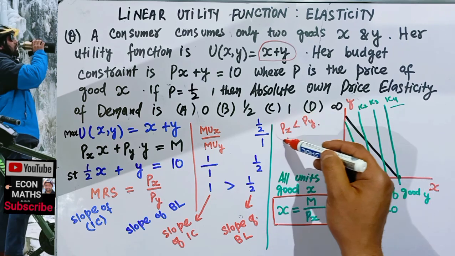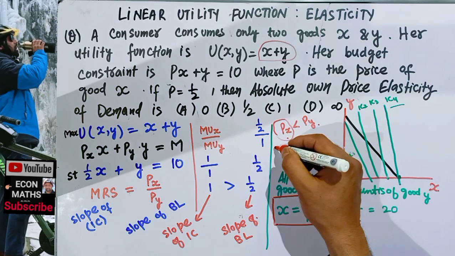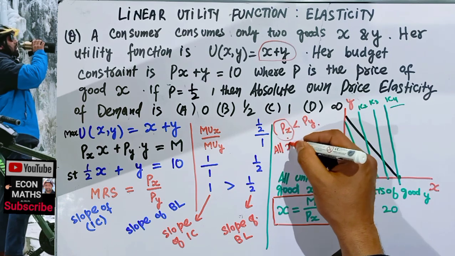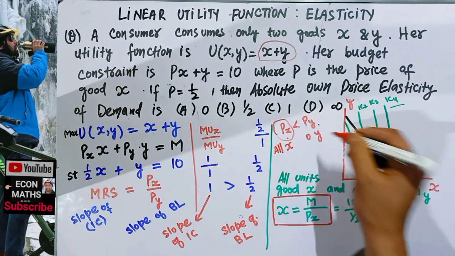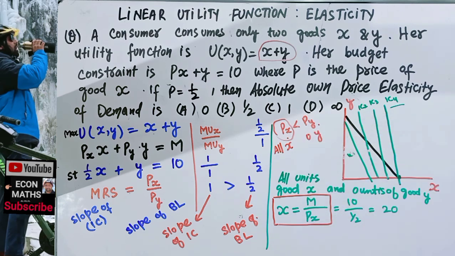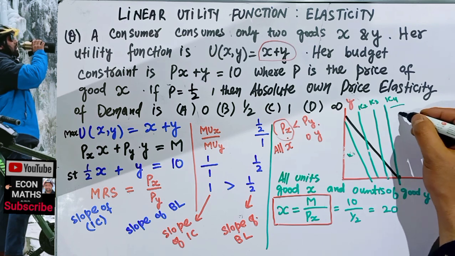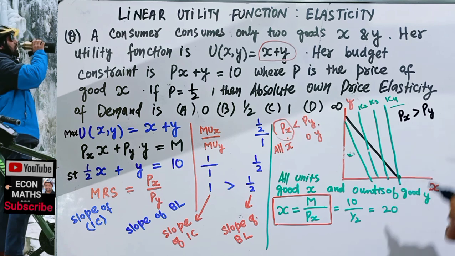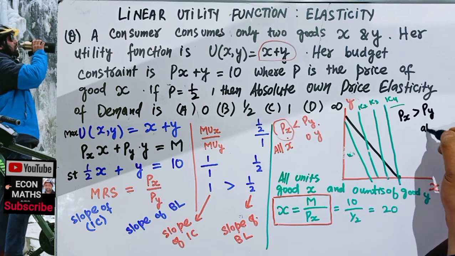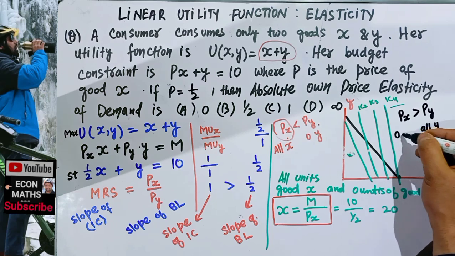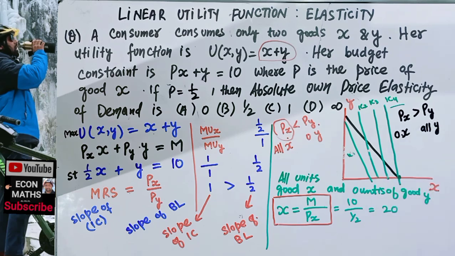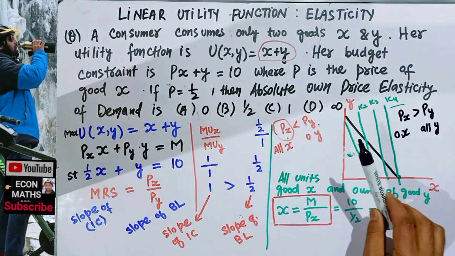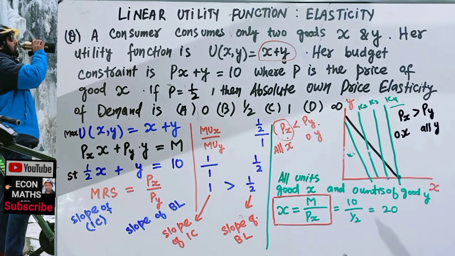He will purchase all units of good X, and 0 Y. Another thing can also happen: if price of good X is greater than price of good Y, at that point consumer will consume all Y and 0 X. So this is another explanation, but I was just trying to make more sense with the graph. So this is the demand function of consumer.